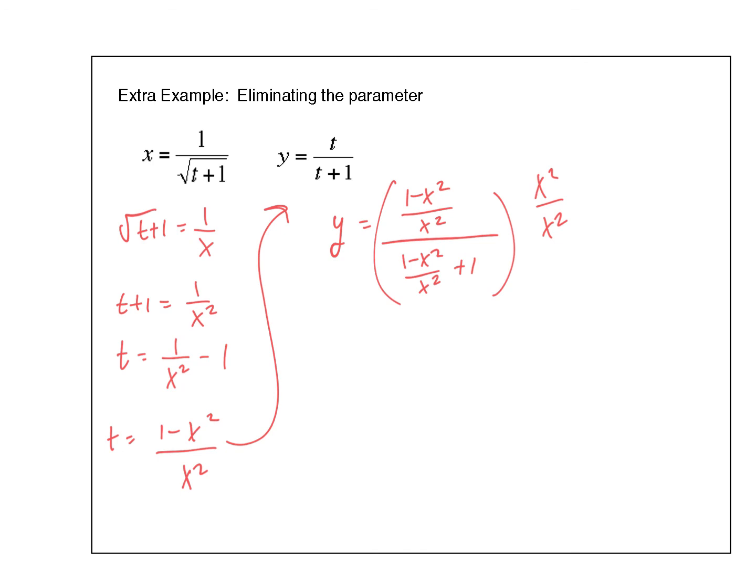So my numerator would simplify to 1 minus x squared because the x squared in the denominator would cancel. My denominator would cancel to a 1 minus x squared. The over x squared part is gone, and then the plus 1 goes to an x squared, which is great because it goes to negative x squared, positive x squared on the bottom is gone. So I have 1 minus x squared over a 1. So this whole thing simplifies to y equals 1 minus x squared.